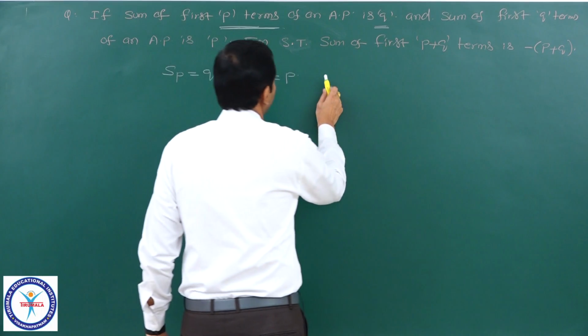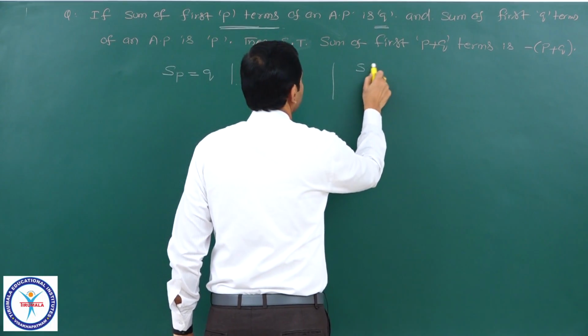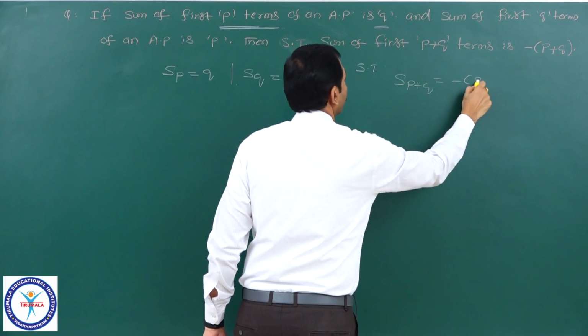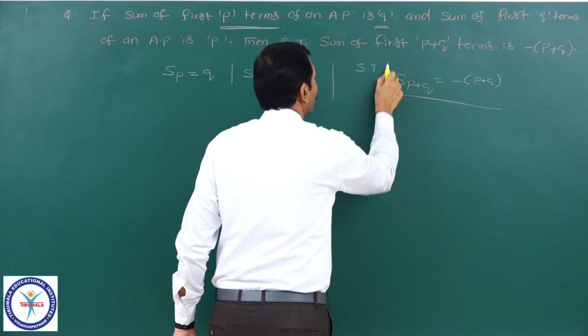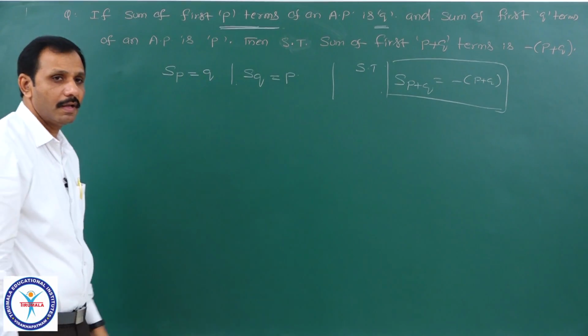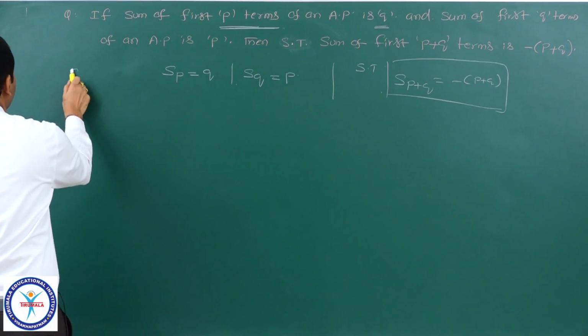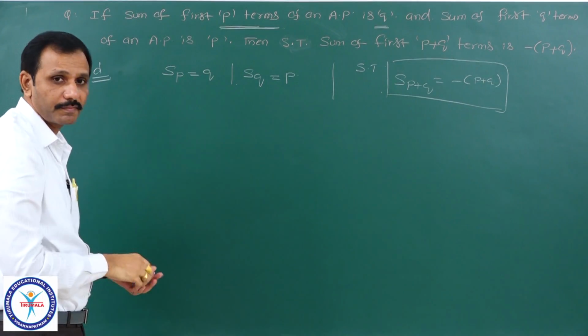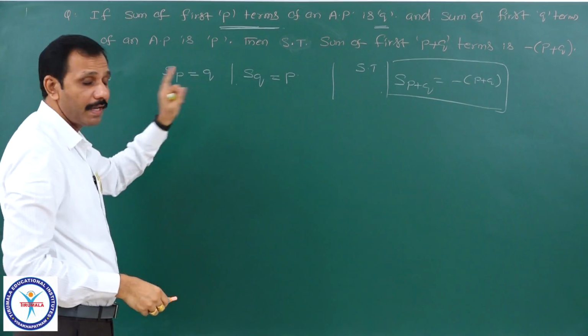Then show that the sum of p plus q terms, S of p plus q, is equal to minus of (p plus q). We need to show that using this relation. Let a be the first term and d the common difference. Sp equals q.